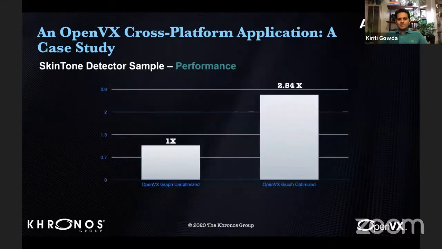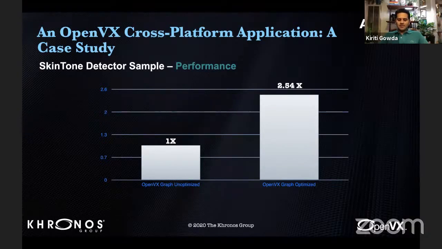With that, I just downloaded the simple application. So there's some kind of performance. Here on the left, you can see the OpenVX graph unoptimized, and on the right, you can see the OpenVX graph optimized. What I mean is the OpenVX spec allows people to write the graph, right? You can either write your whole application as a graph, or you could just write it as serial processing nodes, where you write node A, node B, node C without the graph context and still run it.